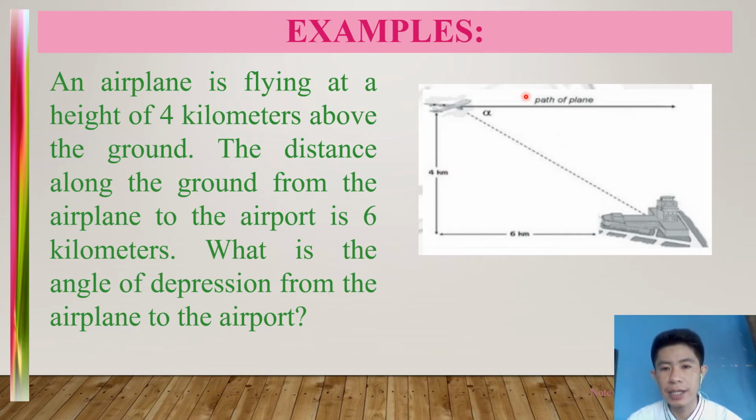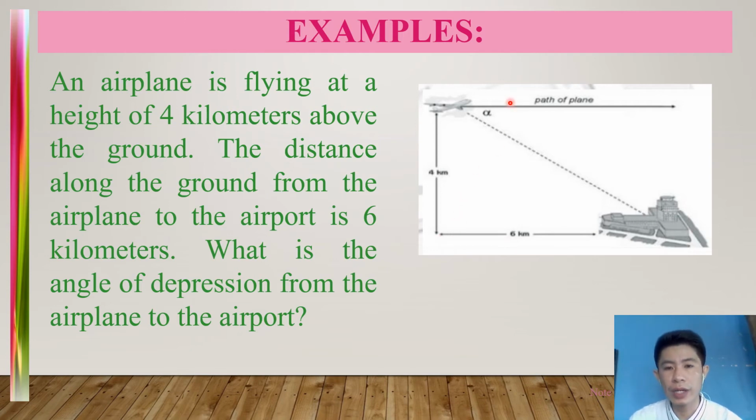Okay, so this is the illustration. As you have observed, this is the airplane flying, and the distance of it to the ground is 4 kilometers. And the distance along the ground from the airport to the airplane is 6 kilometers.